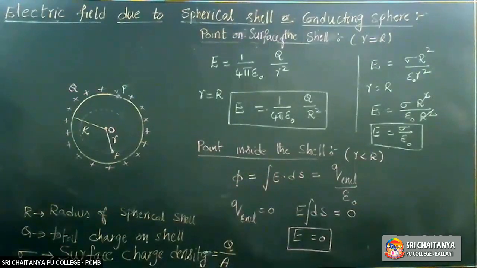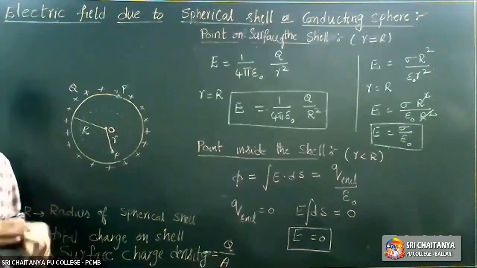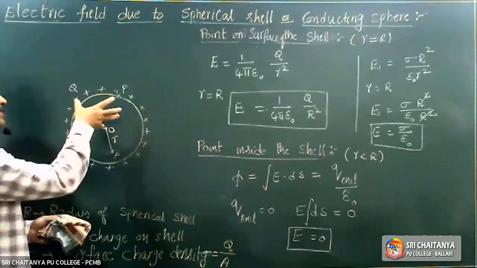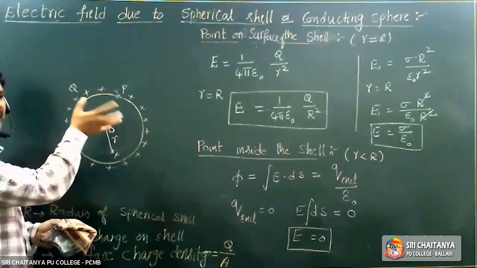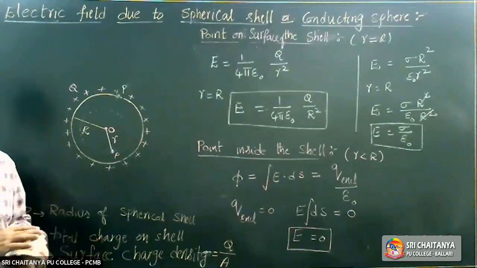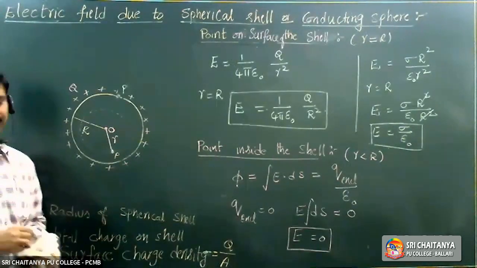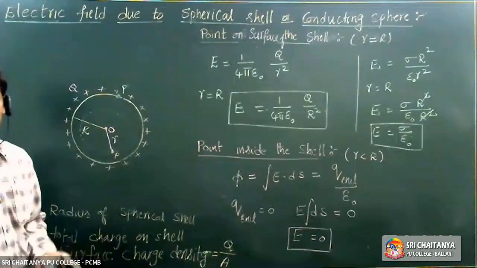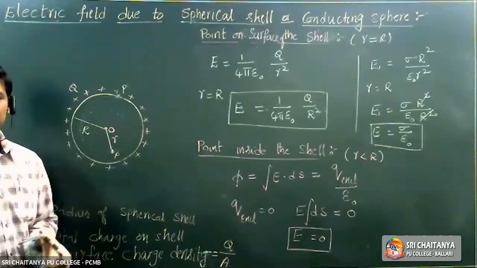Remember, whether it is a hollow cylinder or conducting one, or a spherical shell, a spherical shell is also called a hollow sphere or conducting sphere. Inside of it, E is 0, right?